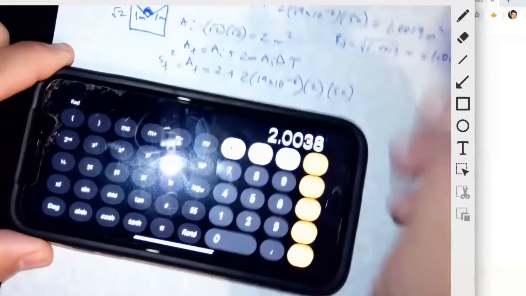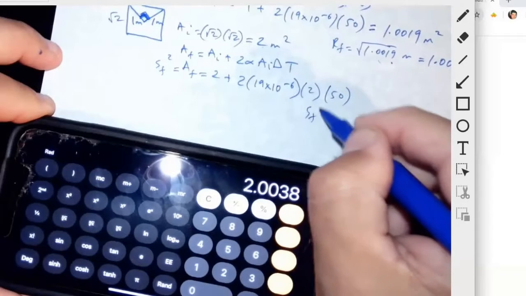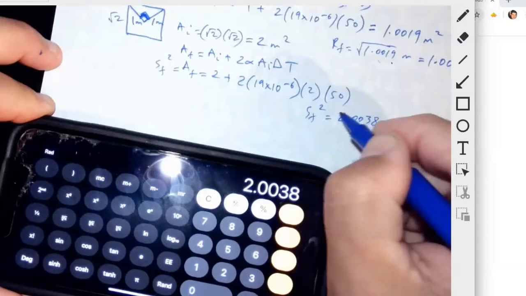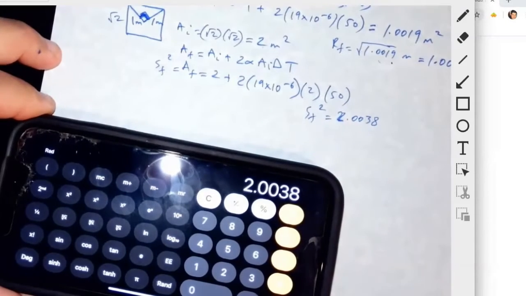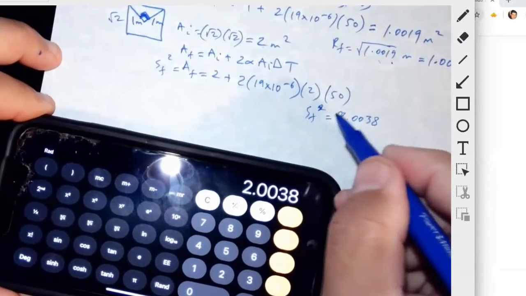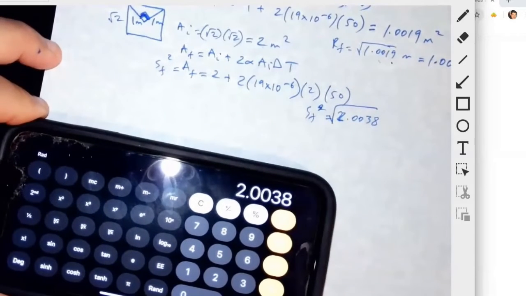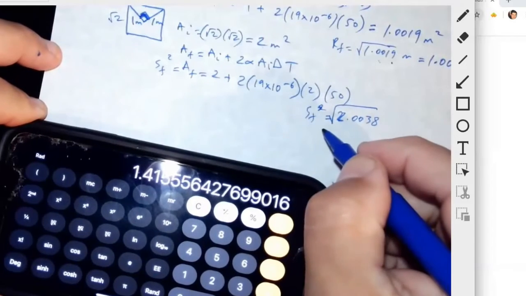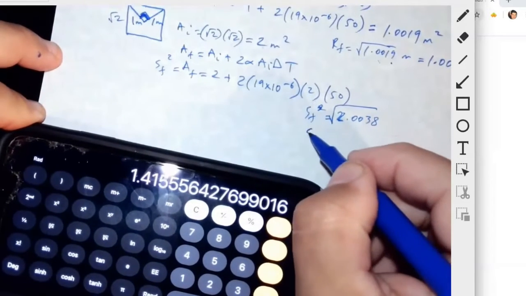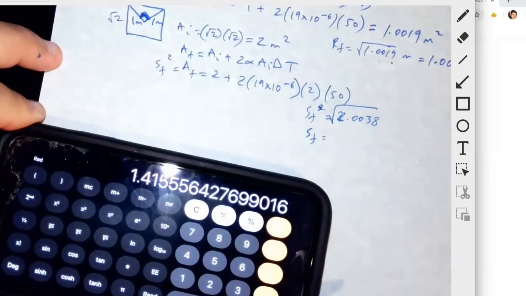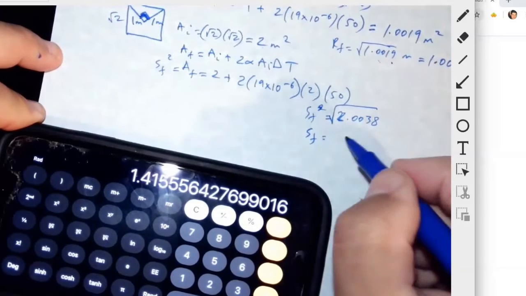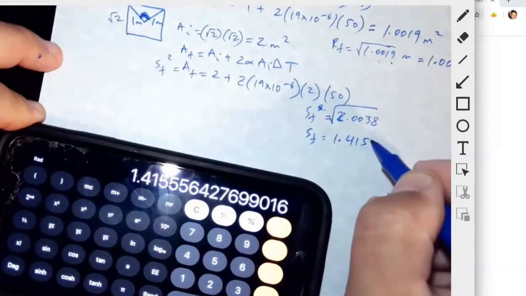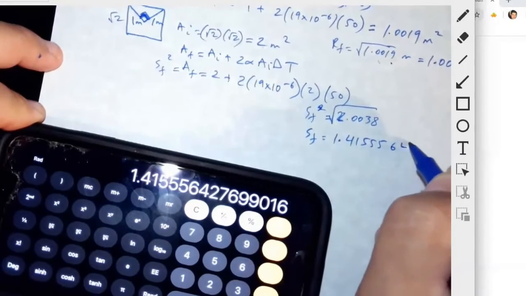Okay, so we have final side squared is 2.0038. And then you take the square root of that, which is going to be 1.41556564, let's say.